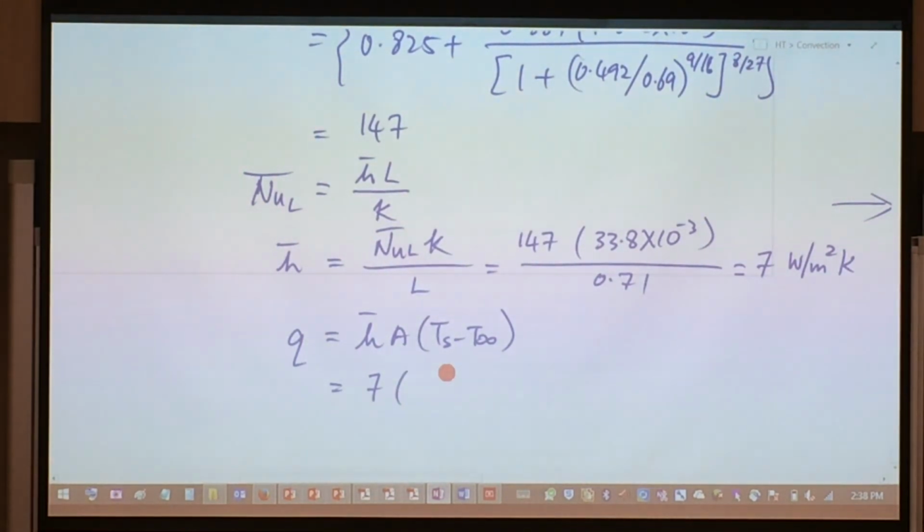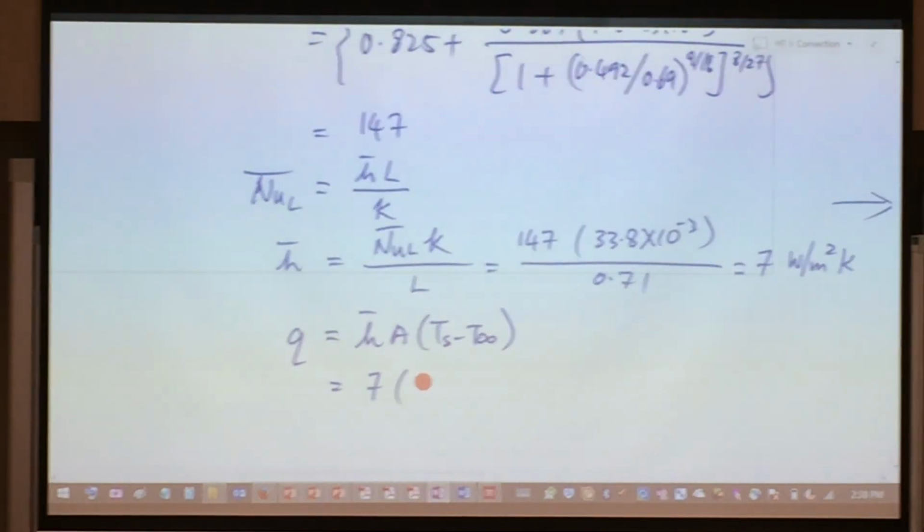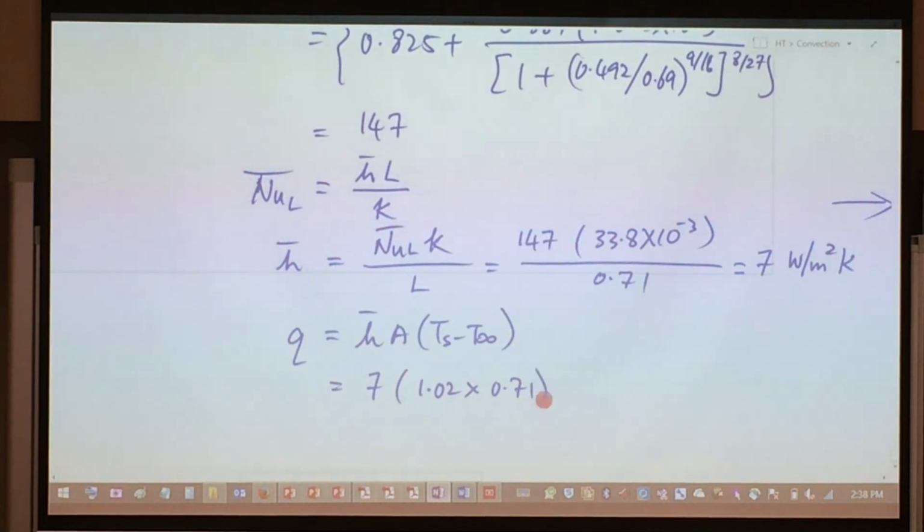The area would be the area of the glass. That was 1.02 times 0.71, and the temperature difference. Do that calculation, 1060 watts. That's your final answer.